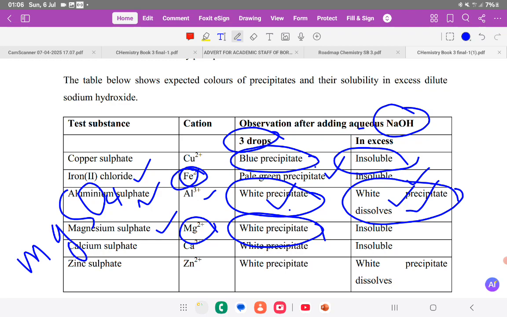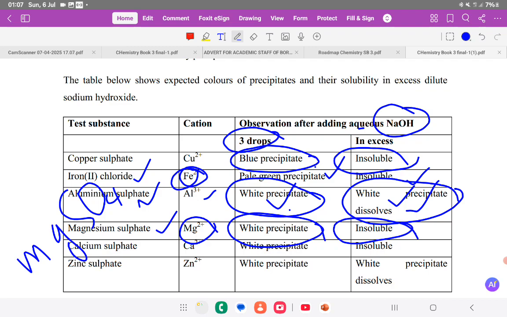So you see something whitish, like wet flour, appearing in the test tube that you are adding this to. If you keep adding more sodium hydroxide, then the white precipitate will still remain. It will not disappear.